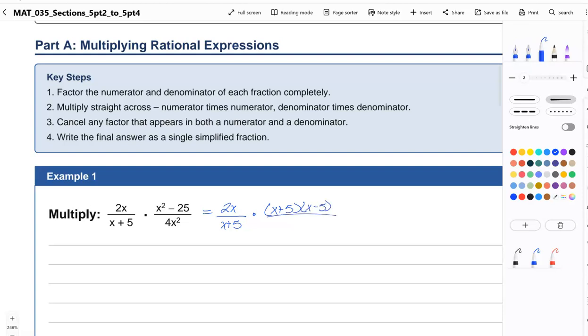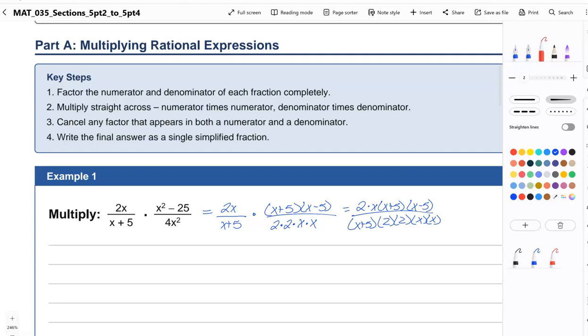And then we've got that 4x squared, and 4 is the same thing as 2 times 2. x squared is x times x. So let me just multiply everything out. I have 2 times x plus 5 times x minus 5 over x plus 5. Notice I put parentheses around that. Times 2 times 2 times x times x.